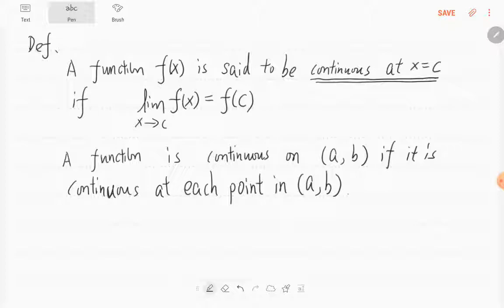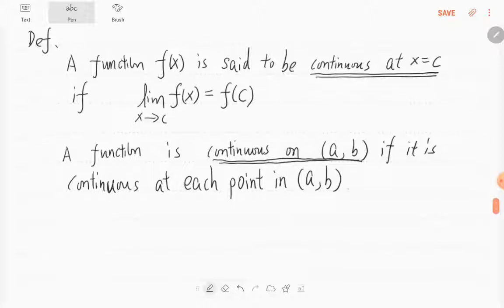If we say a function is continuous on an open interval (a, b), that means it's continuous at each point in this open interval. In other words, at each point, the limit is just the f value at this point. Okay, so now let's look at some remarks for this definition.